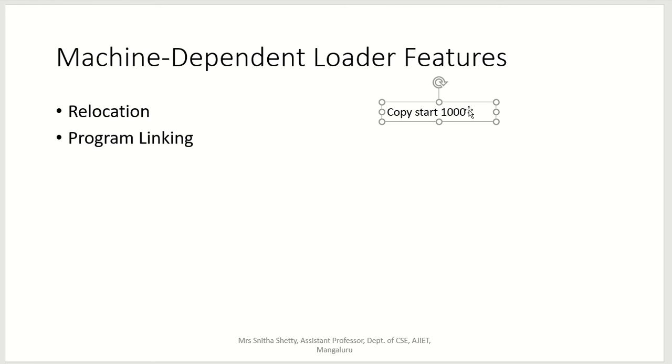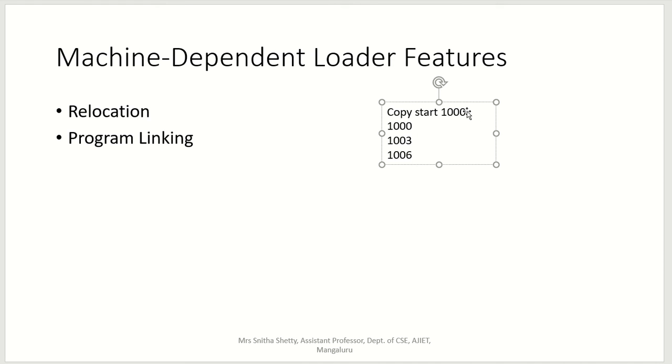The program begins at 1000. Assume each instruction is 3 bytes. So the next instruction will be 1003, and similarly the next will be 1006. These addresses 1000, 1003, 1006 hold only if the program is loaded at memory location 1000.